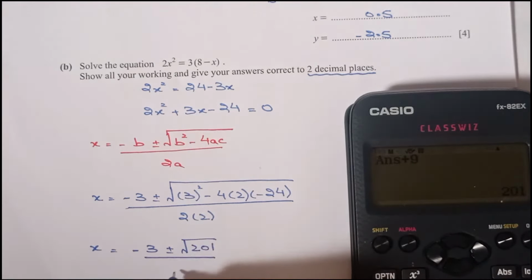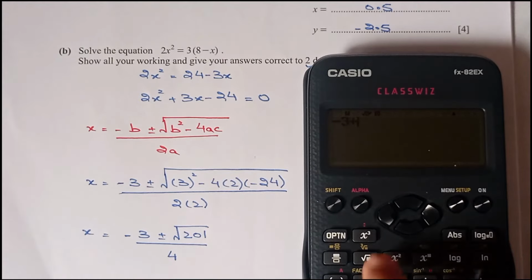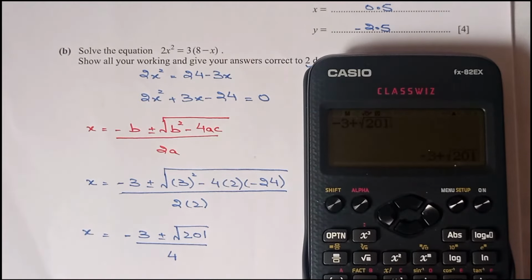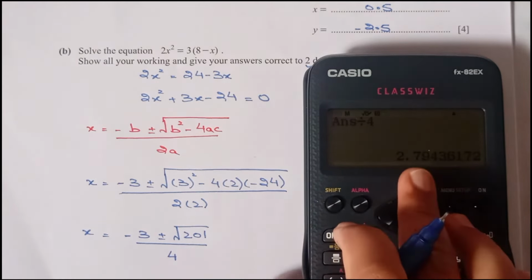Okay, now we have two values for x. For the first value we use the positive square root of 201, and for the second the negative square root of 201. So we have -3 plus the square root of 201 and then dividing by 4, which is 2.794, and correct to 2 decimal places, just 2.79.